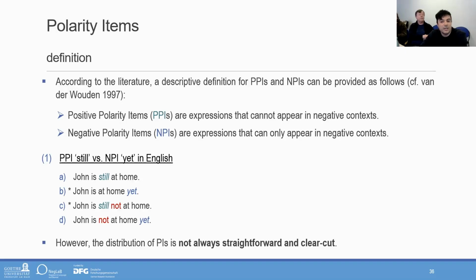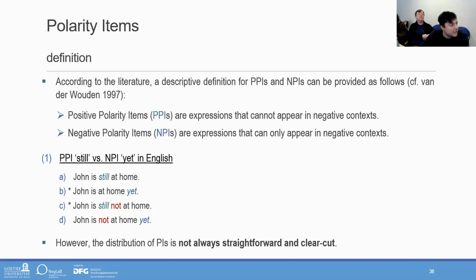If we want to give a kind of definition to these elements and divide them into groups, we would have positive polarity items on one side, which are expressions that cannot happen in negative contexts, but on the other side we have the negative polarity items, which are expressions that can only appear in negative contexts. So they need something to, let's say, license them to happen in these contexts.